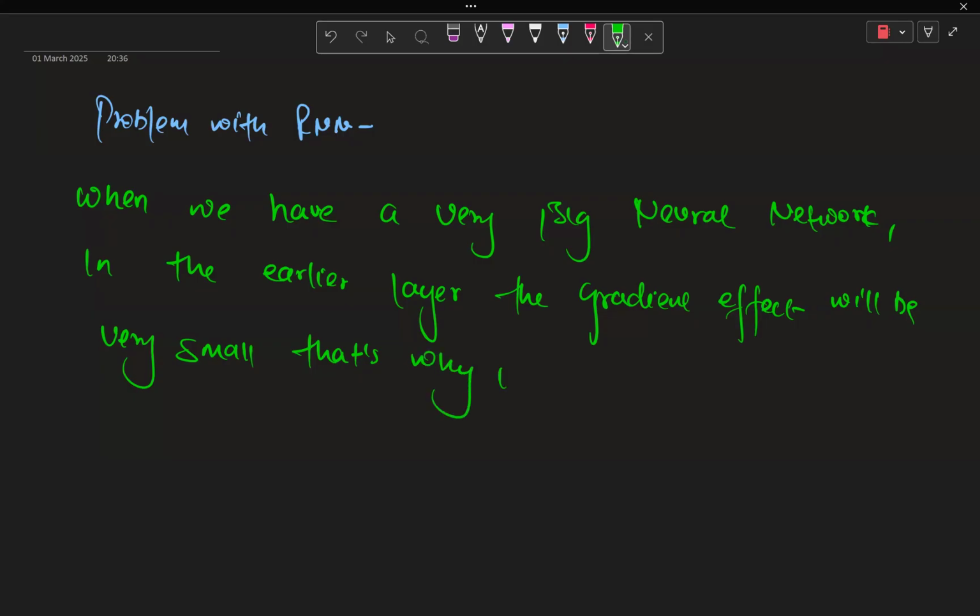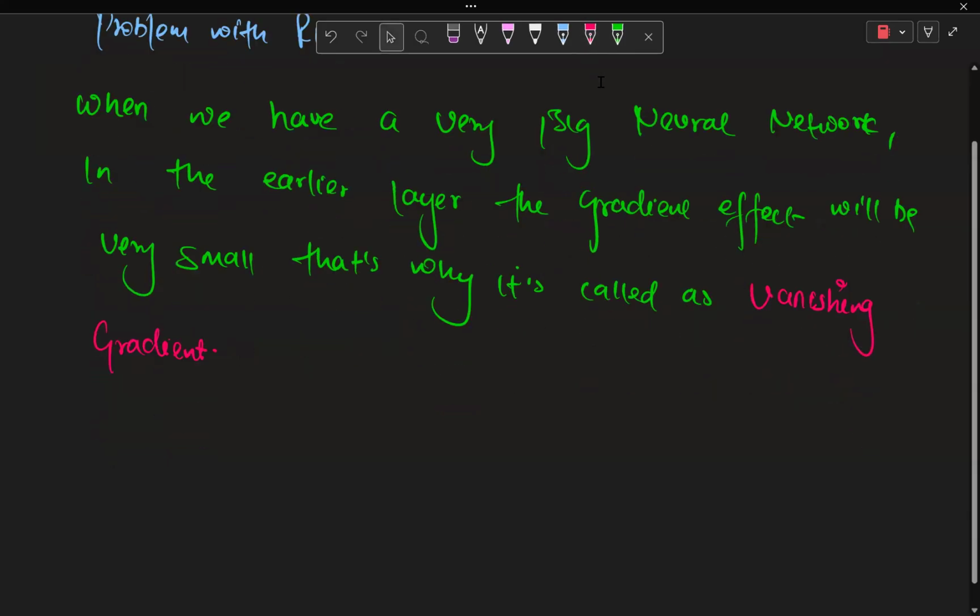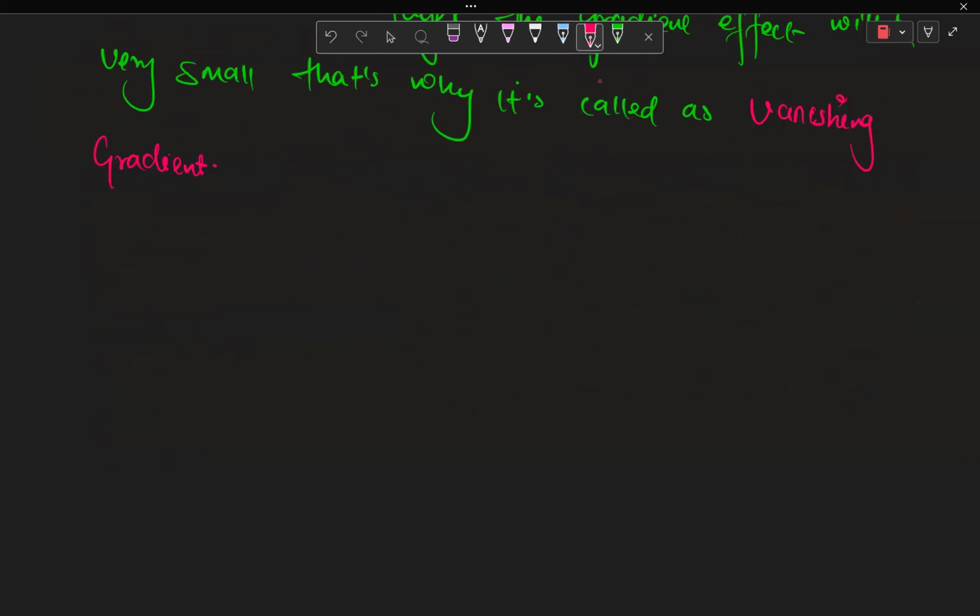That's why it's called vanishing gradient. Guys, when you have a very big structure of network, for example, this is the input part.